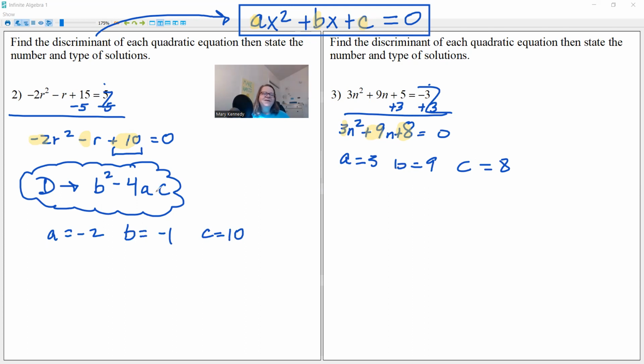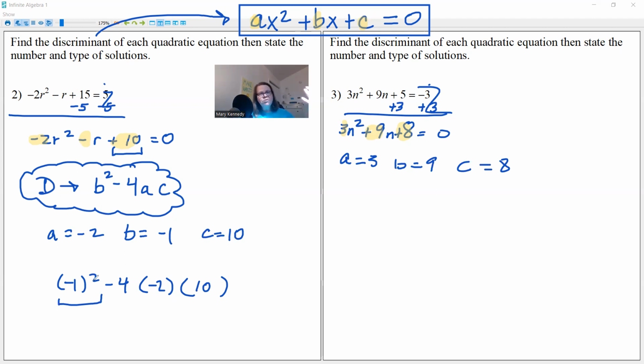All right, so let's go to the formula. So b squared minus 4 times a times c. I'm just writing it this way so that I can plug in very simply, and I'm not going to miss something because of parentheses or because of negative numbers. So b is -1 squared minus 4 times a is -2, and c is 10. Okay, so be really mindful right here. This is where a lot of people miss it, and I don't want you to be one of those people.